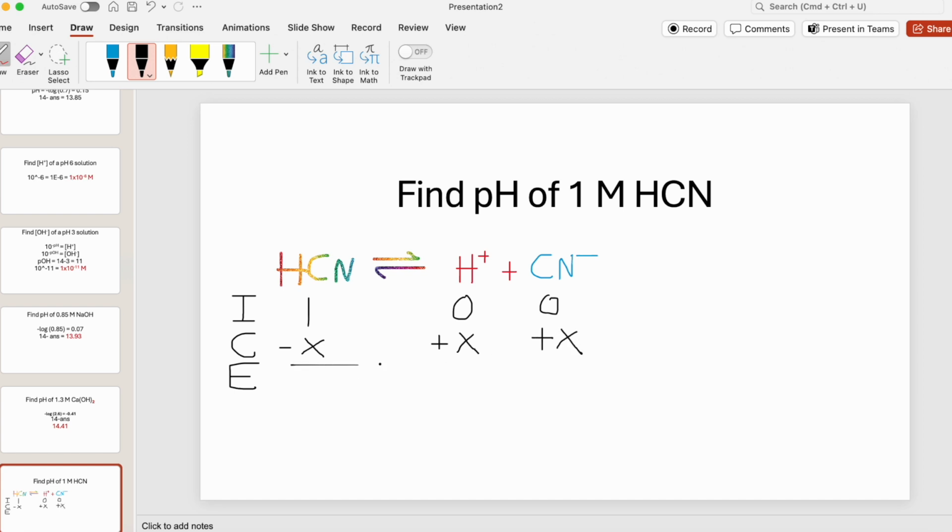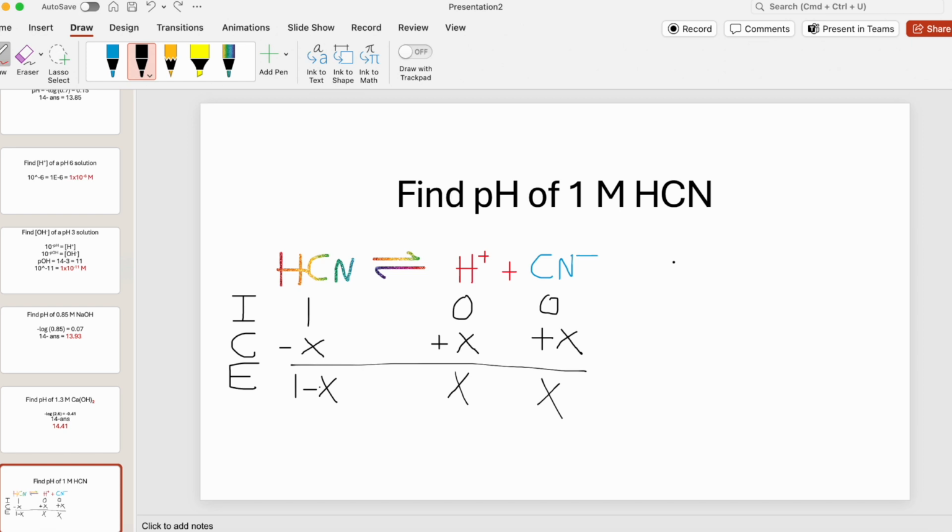And when I do my little line here, I get 1 minus X, X, and X. Now, from your table, you need your Ka value. This is an acid. If it's a base, you need a Kb value.